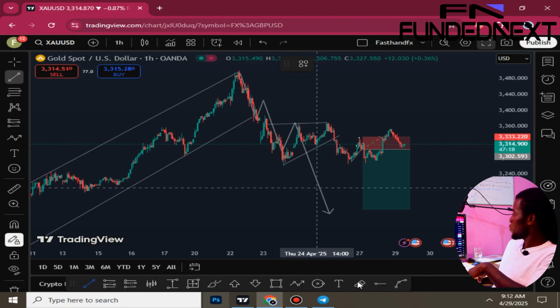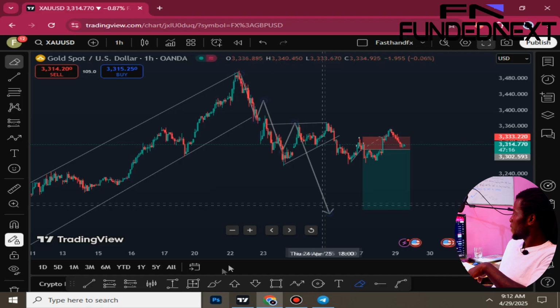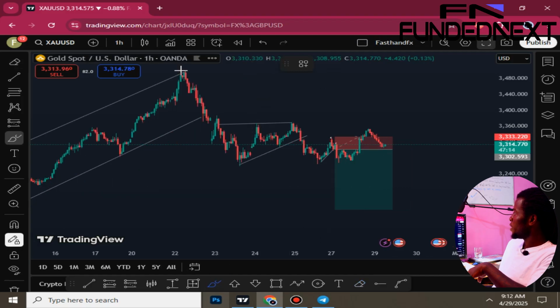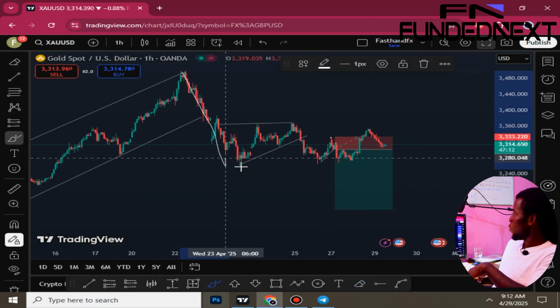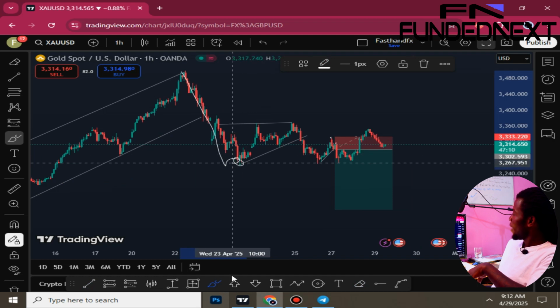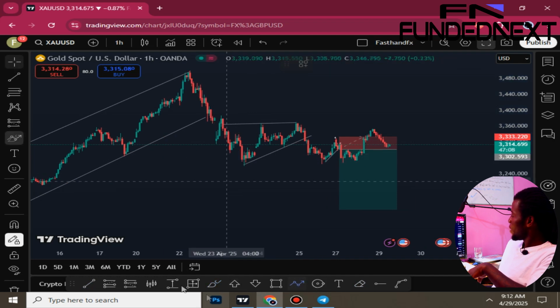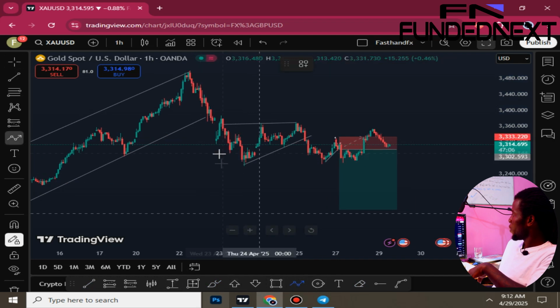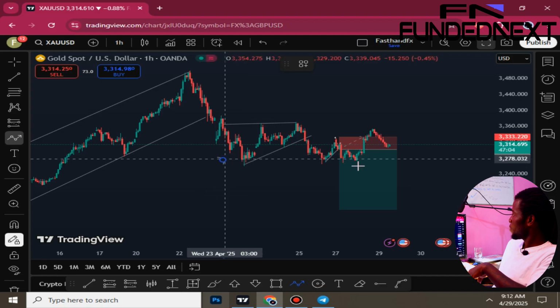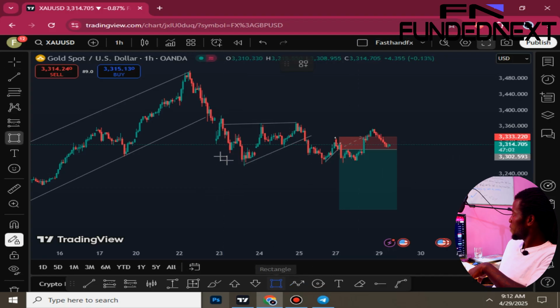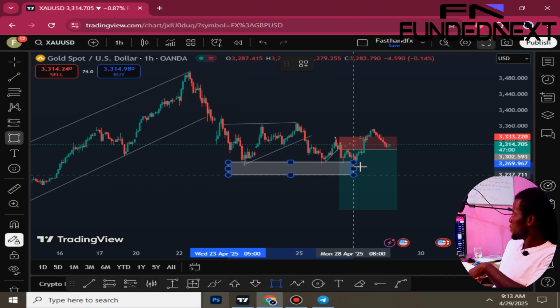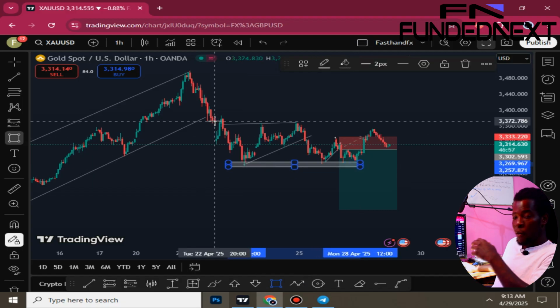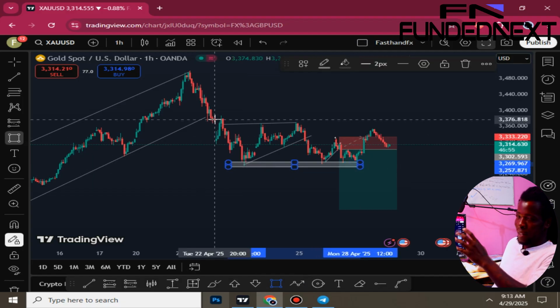But now, if you look at what gold did, this was the new lower low that she did create. This is the new lower low that gold created, right? Let's just mark out that new lower low right here. Now we look for a level that she reversed from to call it a new lower high.